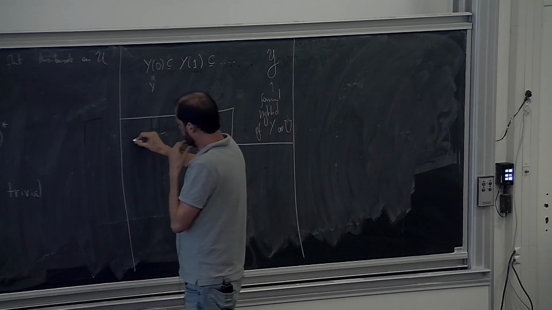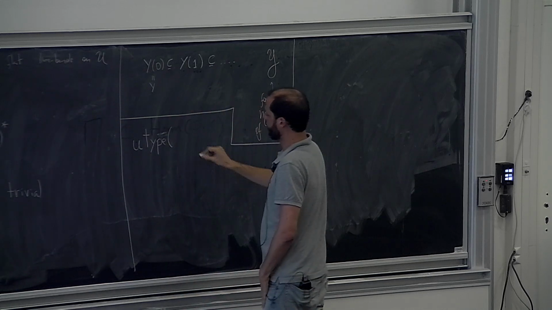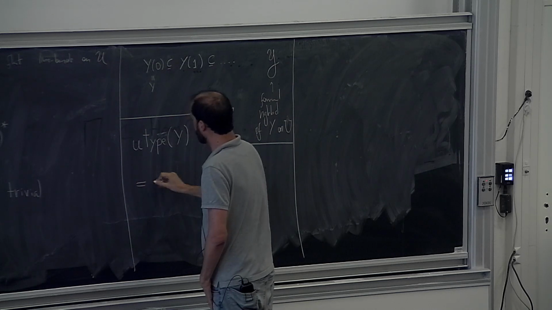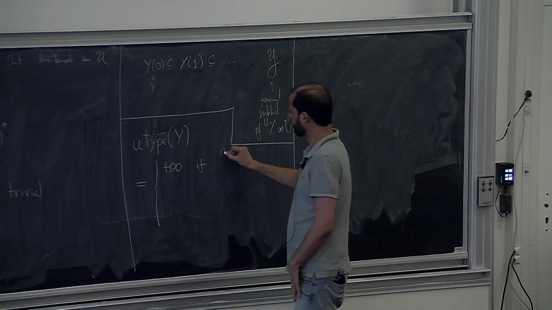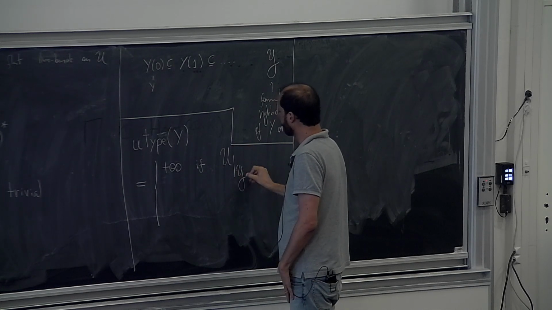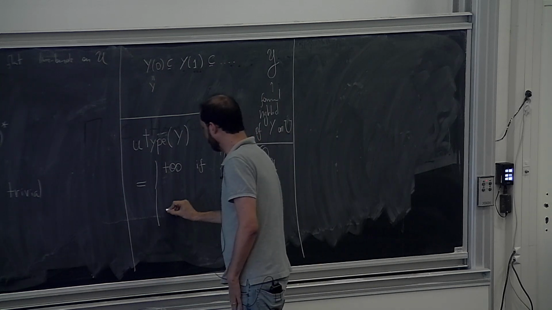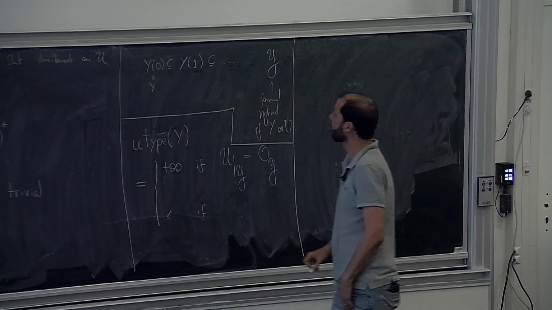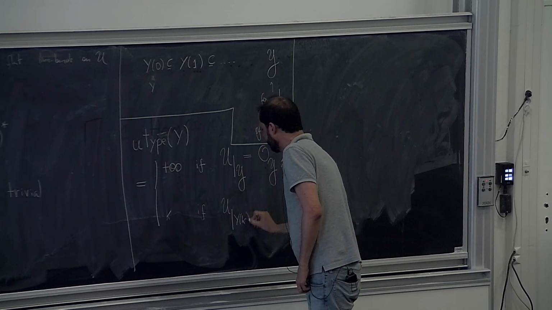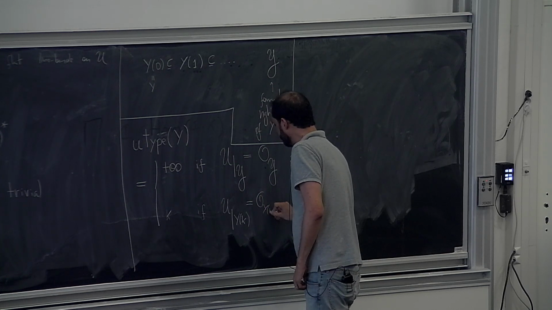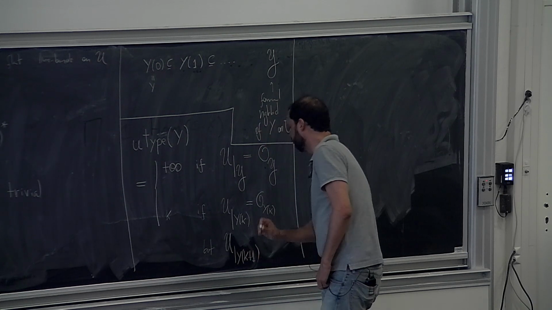So we define the following as the Ueda type of Y. It will be infinity if the bundle restricted to Y is trivial, or it will be K if it restricted to Y_K is trivial, but restricted to Y_{K+1} is not.